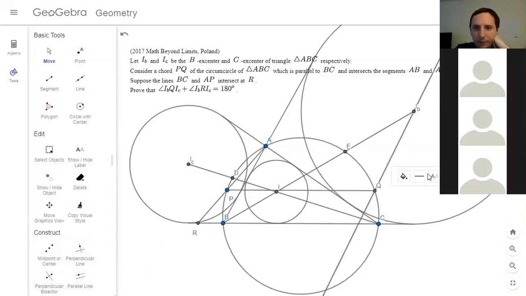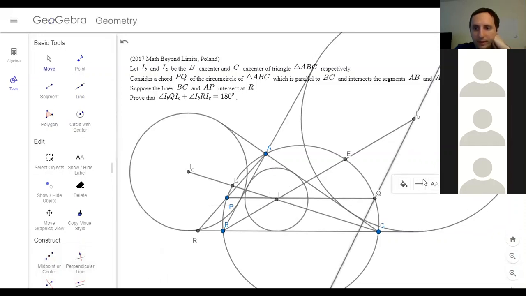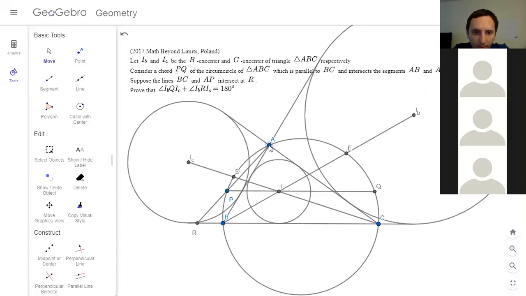But basically, whenever we have two angles adding up to 180 like this, it makes me think of trying to find a cyclic quadrilateral. So, yeah, R almost looks like, I don't want R to look like I. I feel like that looks a little better.